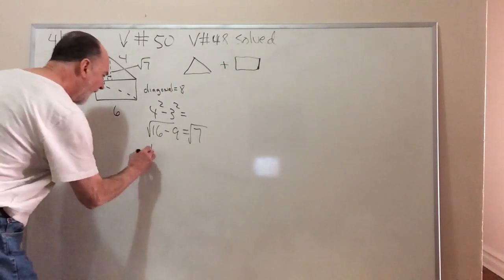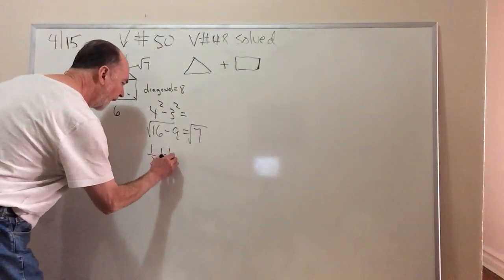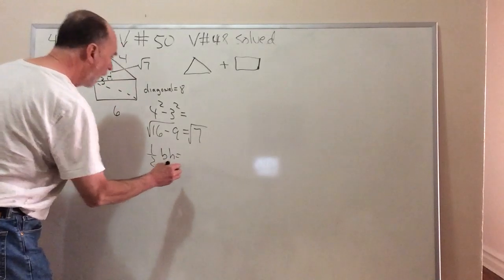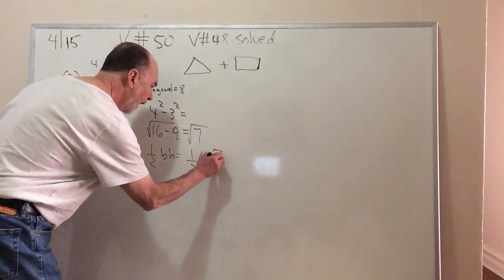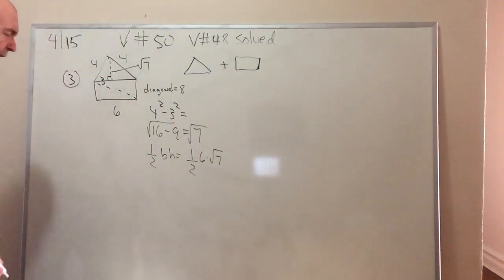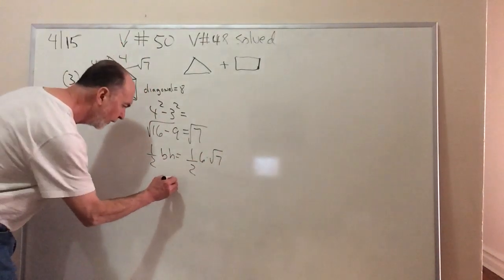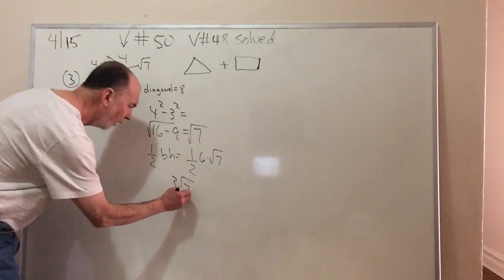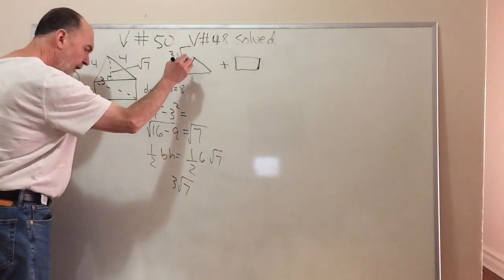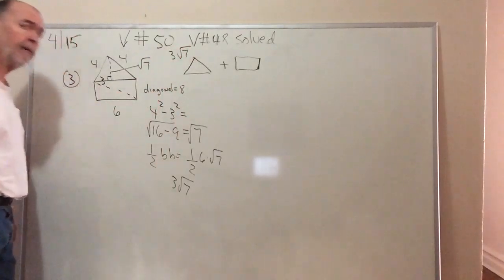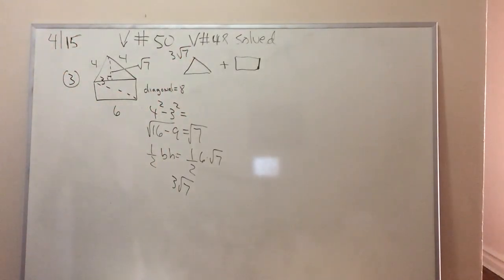Next, 1/2 base times height is 1/2 times 6 times radical 7. Okay? And when I put that all together, the area of this particular isosceles triangle is 3 radical 7. You should be able to do that fairly easily now as we work along.